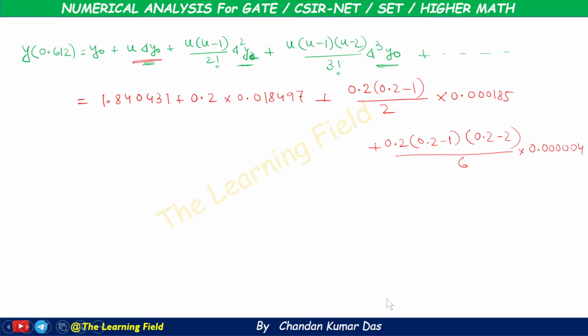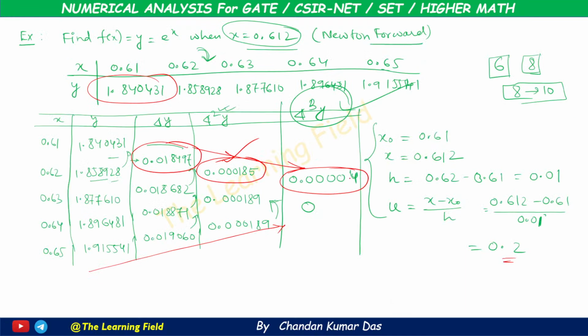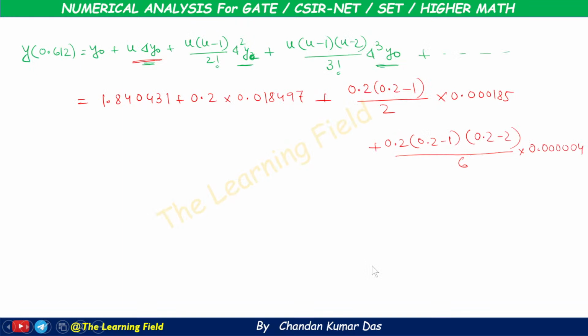I think here I made a mistake; another 0 will be here: 0.000004. So this is our calculation, and if we calculate this, we get the answer 1.844115. This is the answer and this is the example.